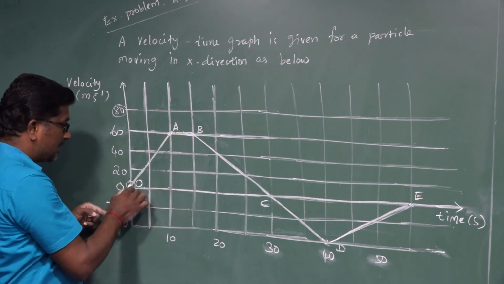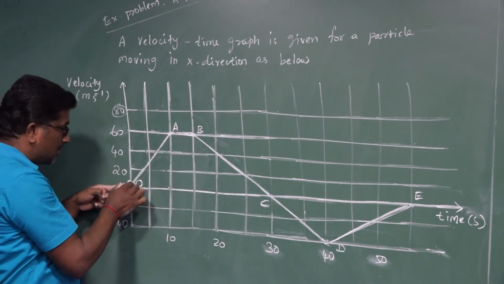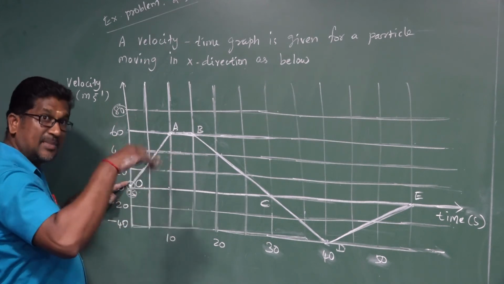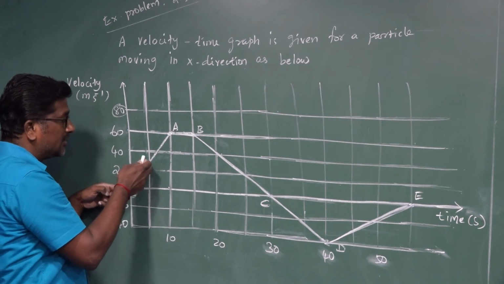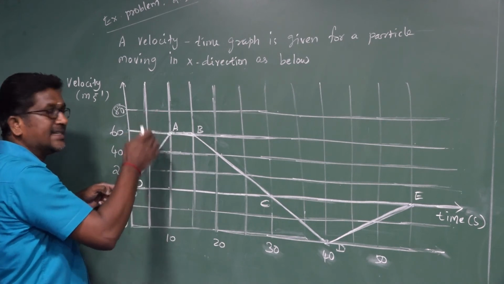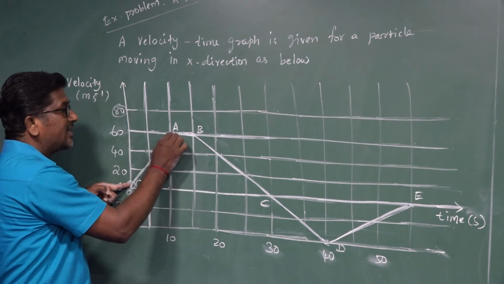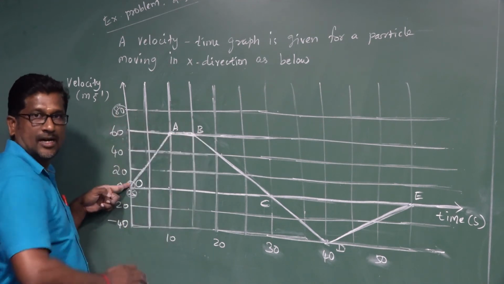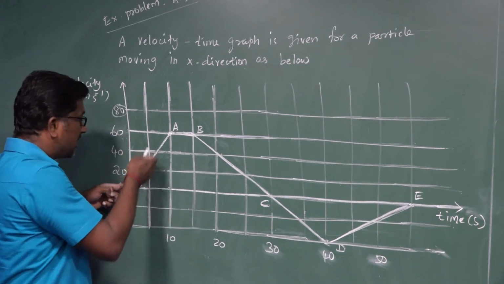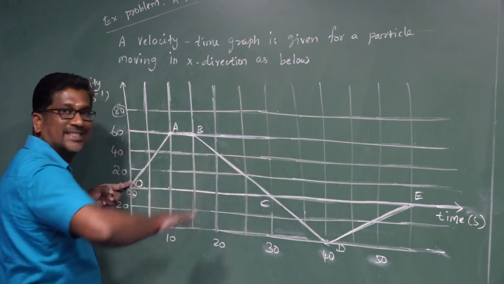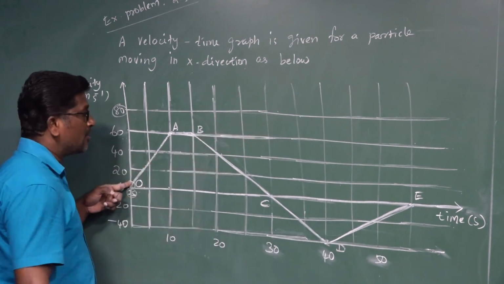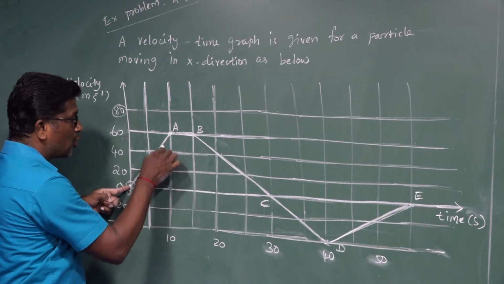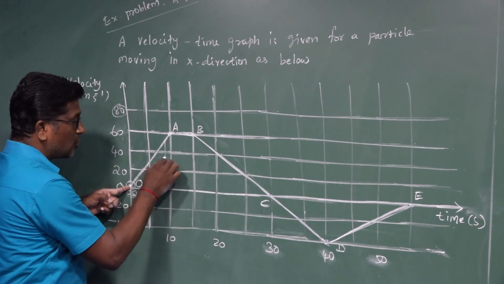At the point O, that is time t equal to 0, the velocity of the particle is 0. If time is greater than 0, the particle velocity increases linearly and attains a maximum velocity of 60 meters second power minus 1 at point A. Here the particle is moving in the positive x-axis direction, so the slope value is positive.